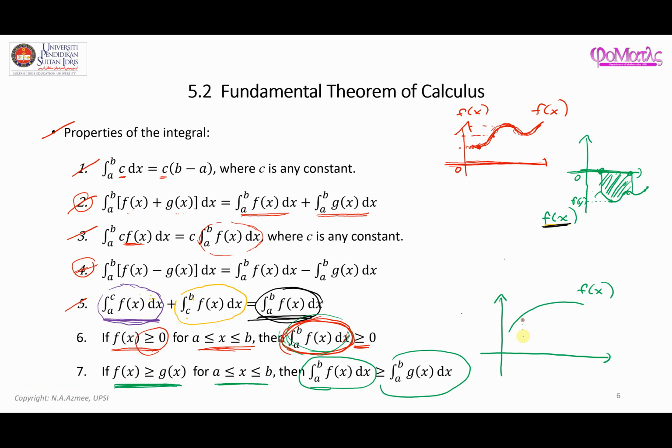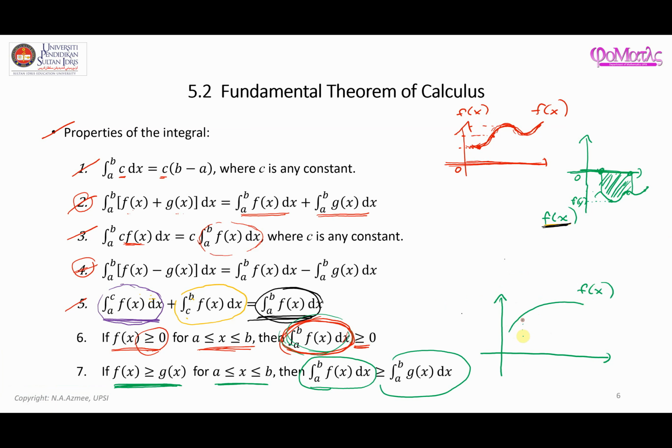Now why is it so? Because when you talk about finding the integral of f(x), you're talking about finding the area from this onwards. So this is the area of f(x). It's bigger, clearly. So the area here is from this curve until this.